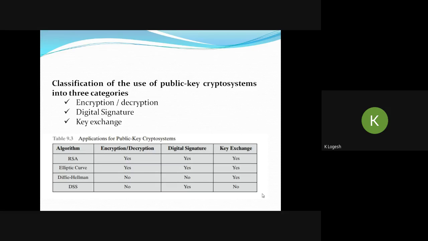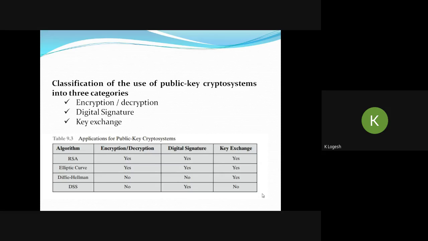Next, Diffie-Hellman. This algorithm is implemented only for key exchange, and is not suitable for encryption or decryption and digital signature. Why? We'll see that while discussing the algorithm. The last one is digital signature standard, DSS.